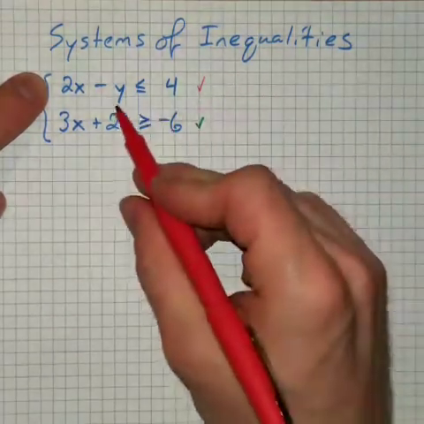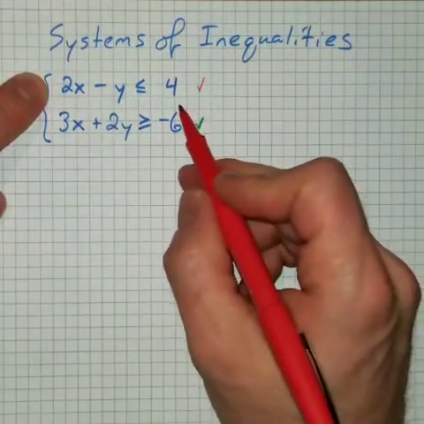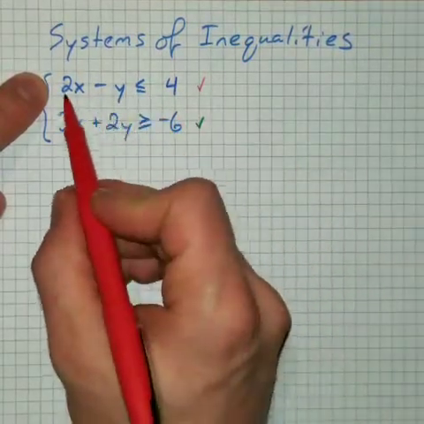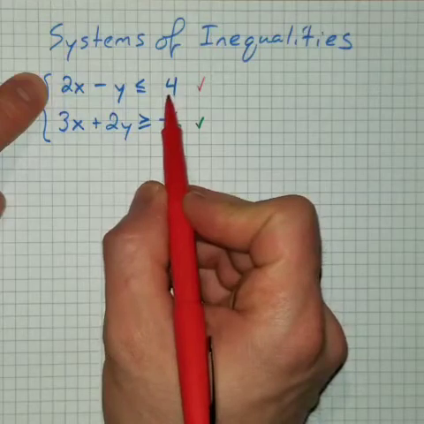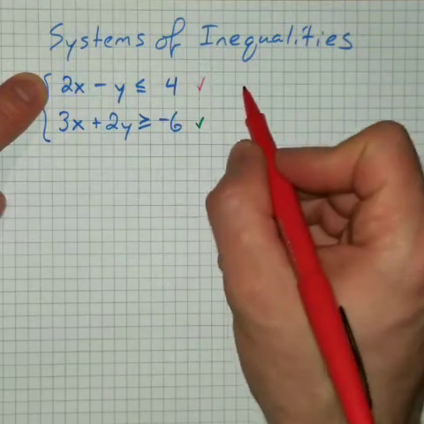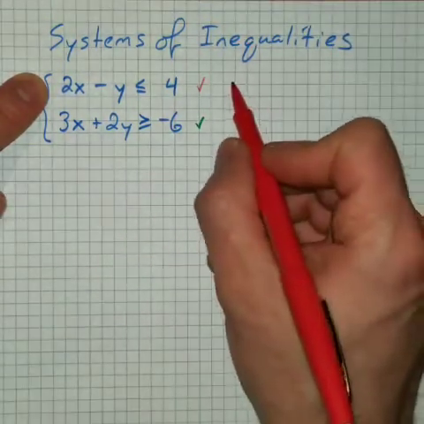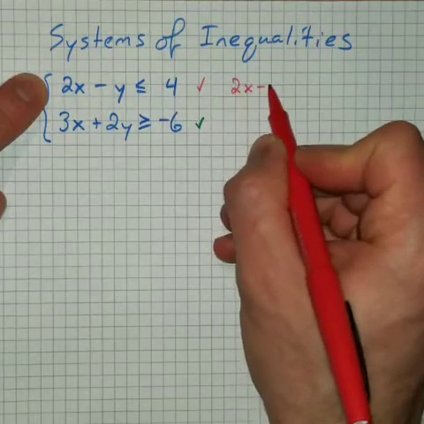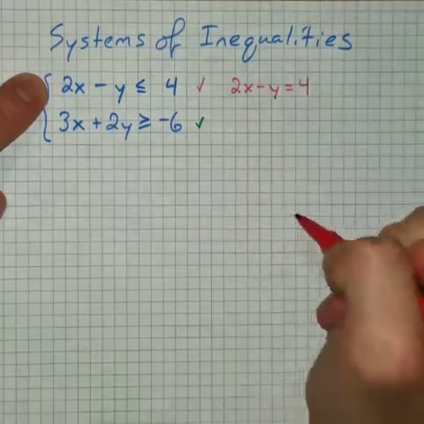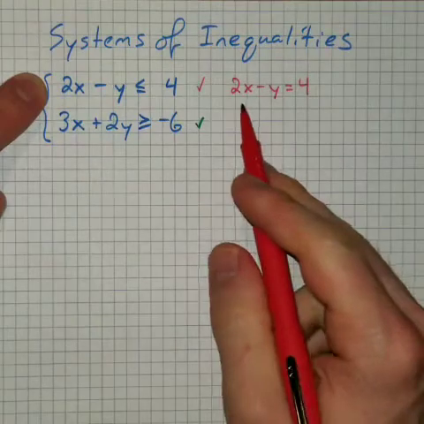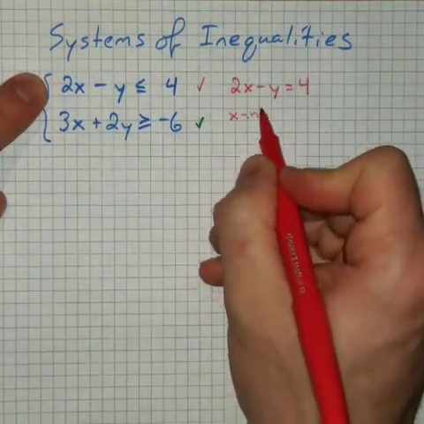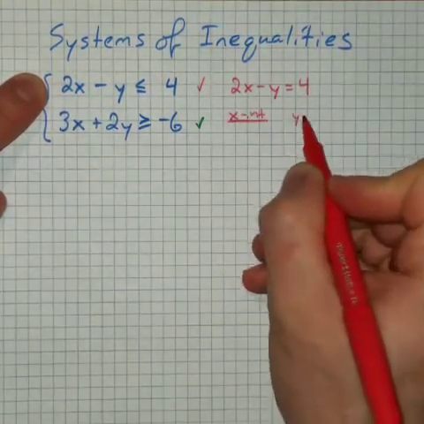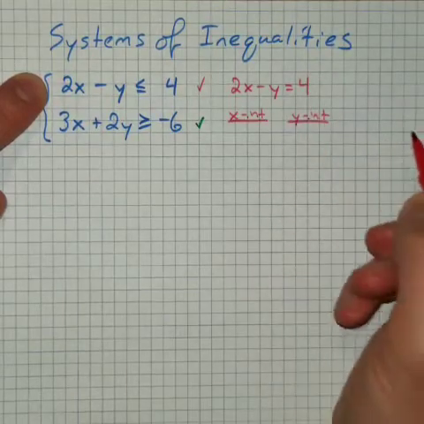All right, so the first equation, I want to graph these. Again, we're just going to take the actual equation as the boundary. So as I go through 2x minus y equals 4, that's the first equation, I want to find the x-intercept and the y-intercept so that I can plot this.